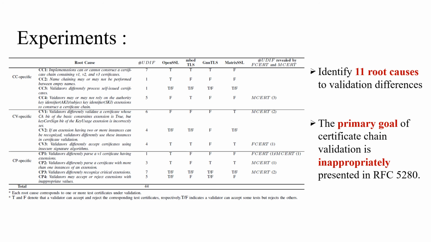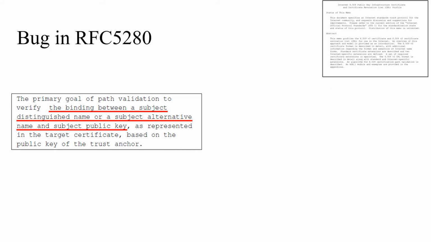We have identified 11 root causes of validation differences, all of which have been confirmed and 5 of which have never been reported previously. Our certificates reveal that the primary goal of certificate chain validation is inappropriately presented in RFC 5280. As stated in RFC 5280, the primary goal of path validation is to verify the binding between a subject distinguished name or subject alternative name and subject public key.